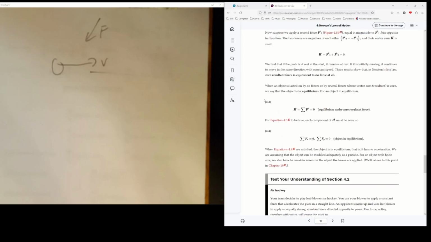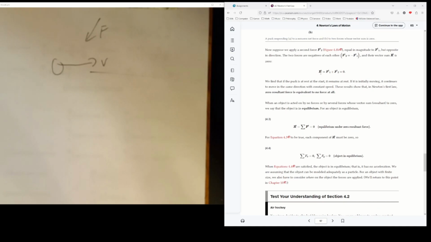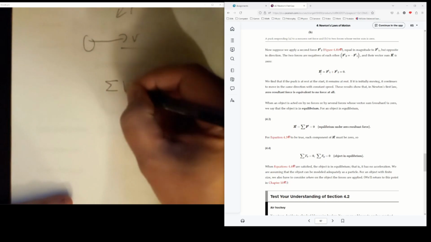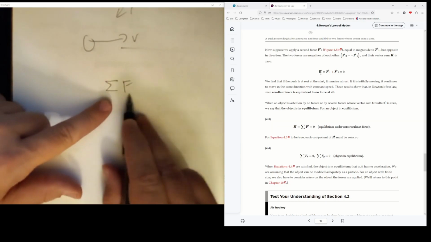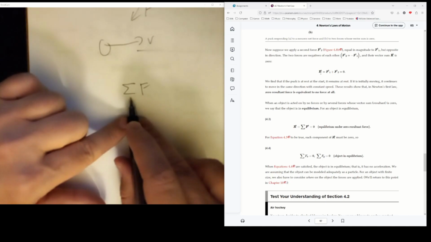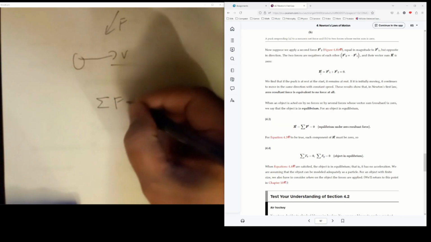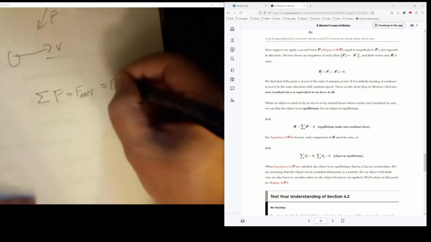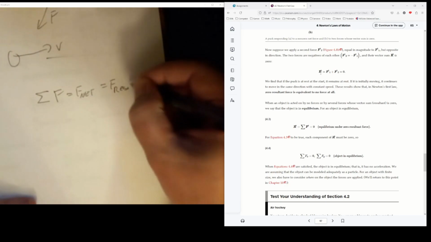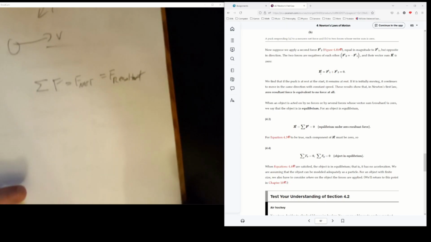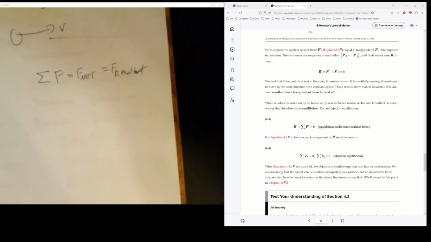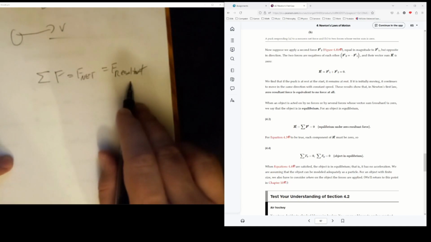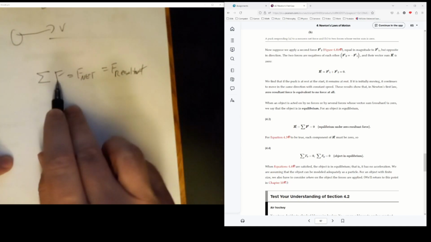I notice they are using R here, so I just want to be clear because there is different terminology. This means add all the forces together. Some people say this equals the net force. Some people will say this is the resultant force, which is what our book is saying here with R. All those things mean the same thing: resultant, net, sum of forces.